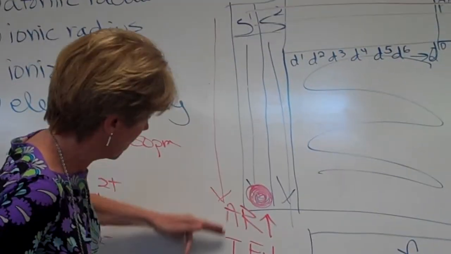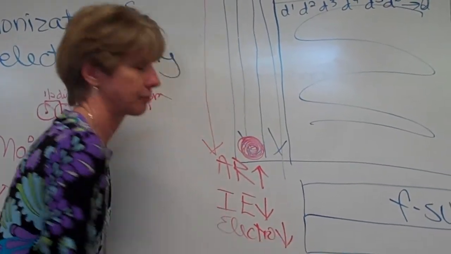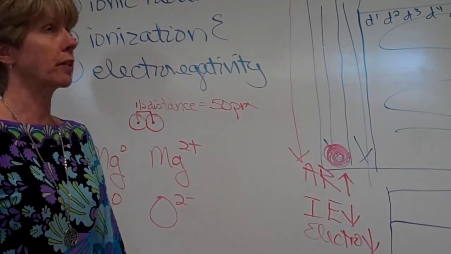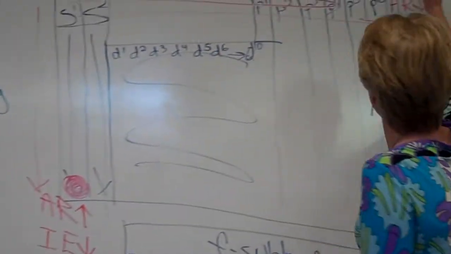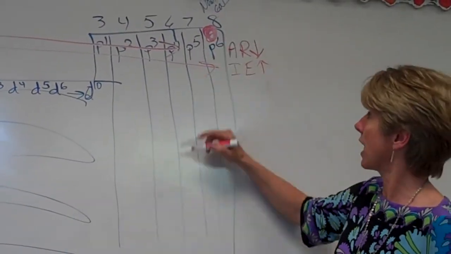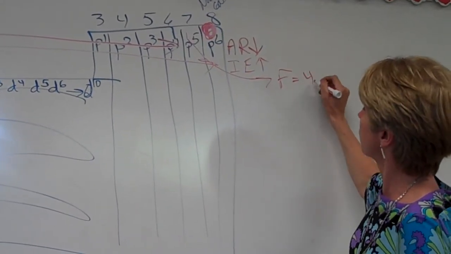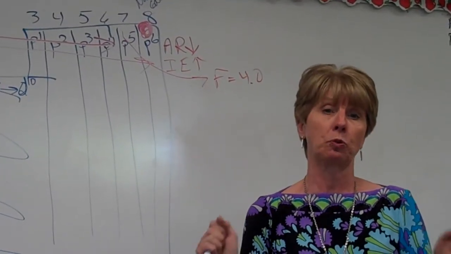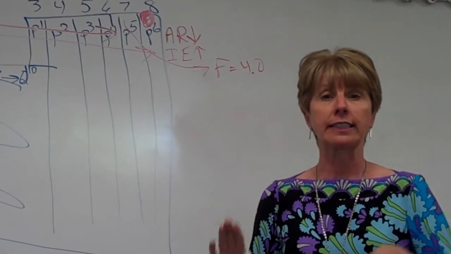When you go down a family, electronegativity decreases. Now, who wants to gain electrons more than any other element on the periodic table? We know that it's going to be fluorine. Fluorine has the highest electronegativity. Fluorine has an electronegativity of 4.0.